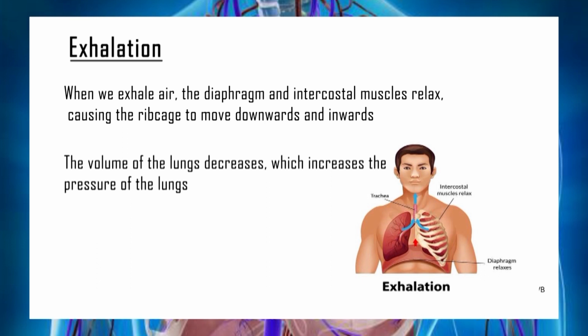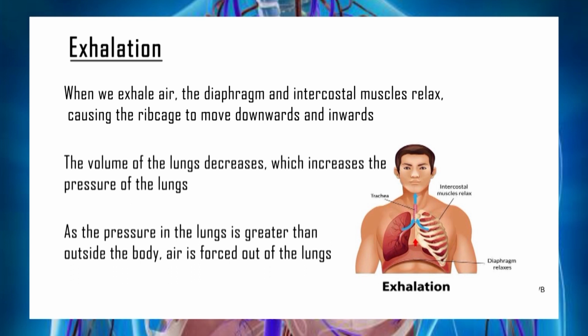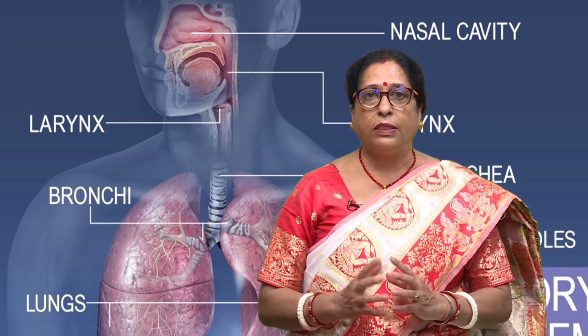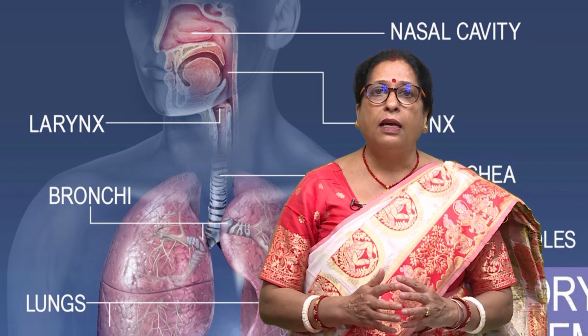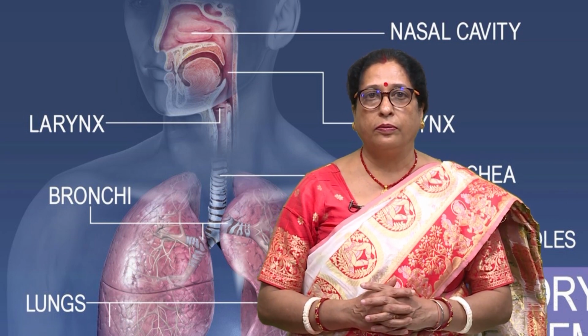As the pressure in the lungs is greater than outside the body, air is forced out of the lungs. This equalizes the pressure. You can see in this picture inhalation and exhalation.